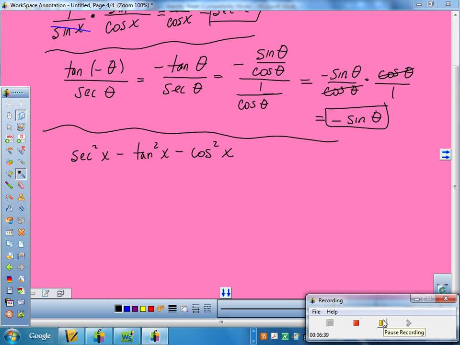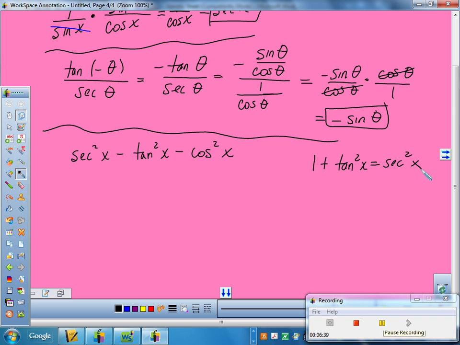Yeah, this is where you start looking at 6, 7, and 8. Now, obviously you have no identity on there that has 3 different trig functions in it. But do you have any identity that has 2 of those if you're looking at 6, 7, or 8? Tan and secant, 7. Number 7 does have tangent and secant in it. Number 7 says 1 plus the tangent squared of x equals the secant squared of x.